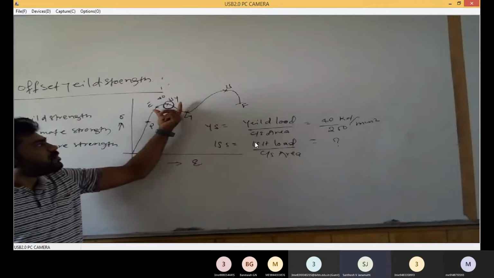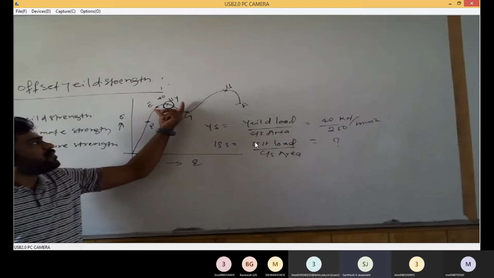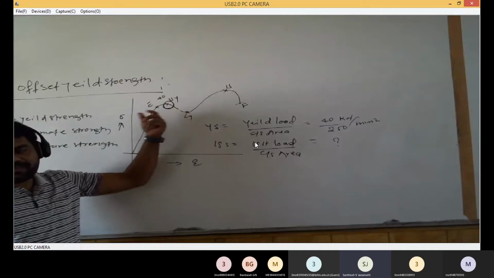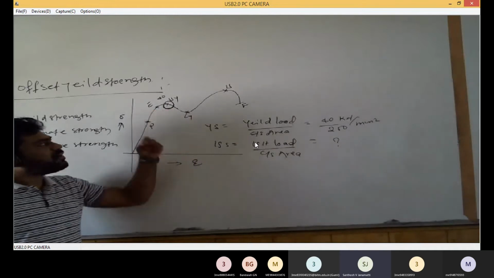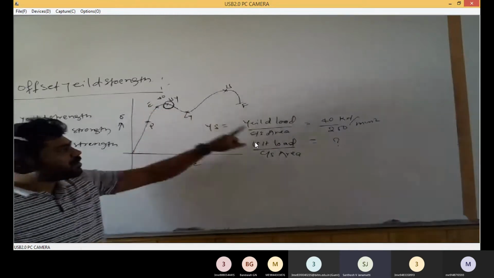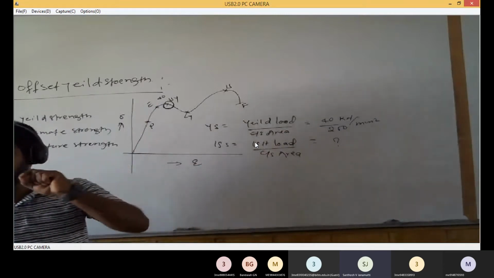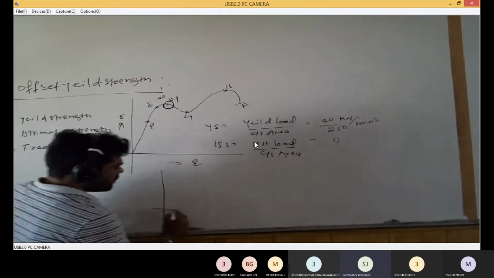We can see this load; assume it is 40. If you get a curve like this, it will show the definite yield point. You can take that yield load directly, divide by cross-sectional area, and you will get the yield strength of that particular material.